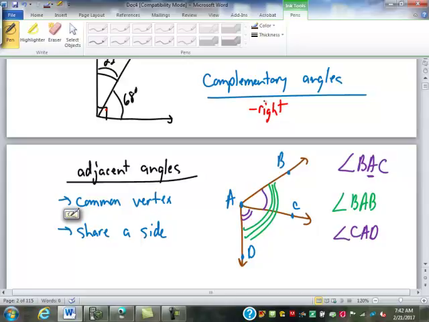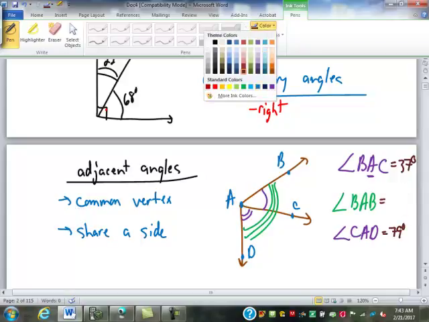When we have adjacent angles, as we saw with our complementary and supplementary, we can do operations with those angles. They're additive and subtractive. For example, let's say that I tell you that BAC up here is 37 degrees and CAD is 79 degrees.